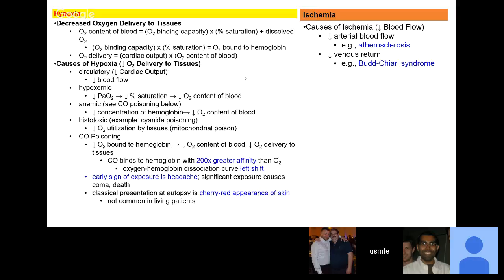This is why it loves to push out oxygen. And so if you look at it in the curve, this is another question besides the number: the oxygen hemoglobin dissociation curve is going to shift to the left. Keep that in mind, it's a question. We're going to do the dissociation curve probably tomorrow. So remember, anytime you don't have much oxygen, anytime you have hypoxia, you're going to have headache. That is the first sign.